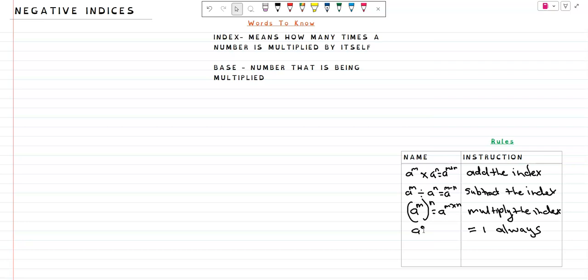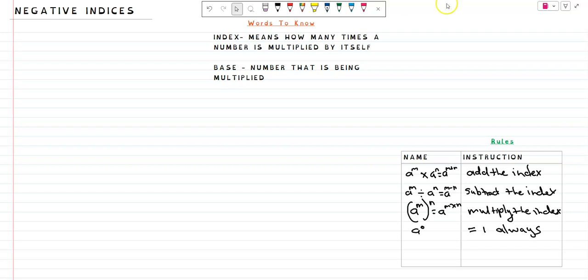And the more we exercise, the more we do math, the more we actually build our brain muscle. Okay, so let's jump into it. Today we're going to learn about negative indices. Now, what are negative indices?